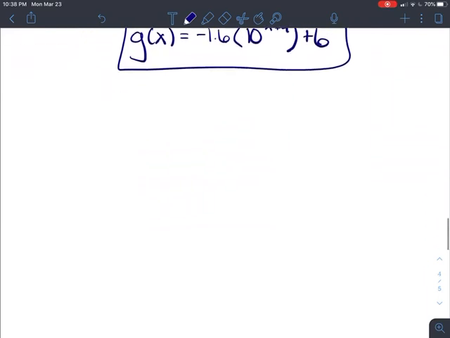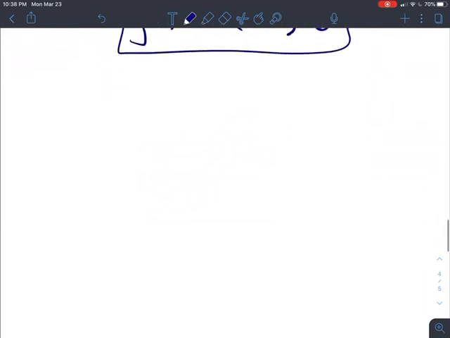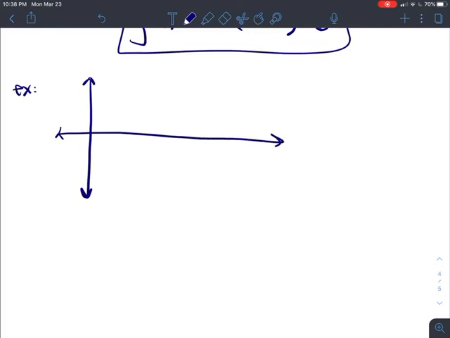So for our next example, okay, they give us another reference point, and we're drawing our function, okay? So here they give us a graph, okay? I'm going to do 0 in increments of 0.5.